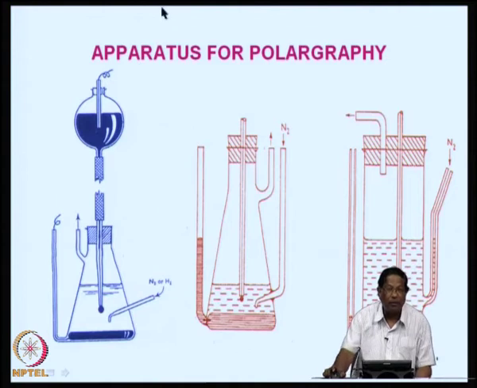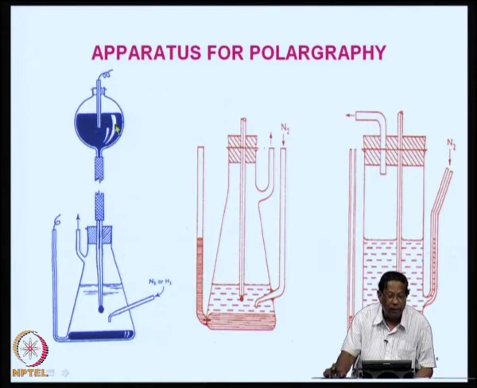This is the simple apparatus for polarography. Here I have a solution and in the solution there is a capillary dipped inside, and the mercury drop is falling. At the bottom I have a mercury pool which acts as the anode. From here I take the electrical current and the mercury drop is falling from here.